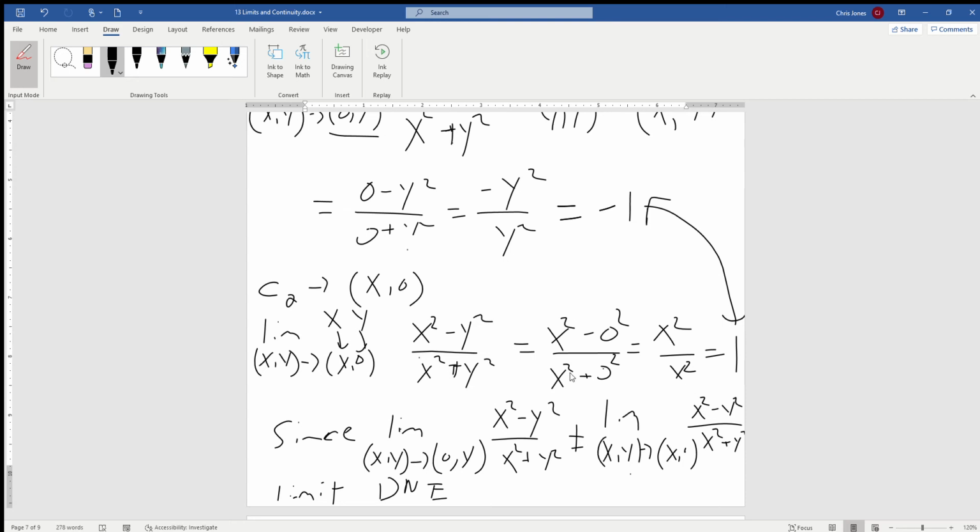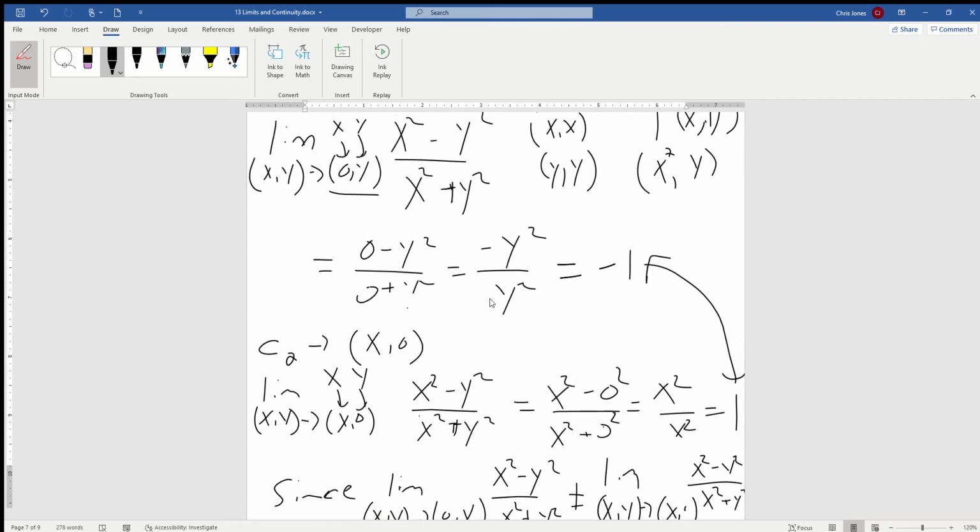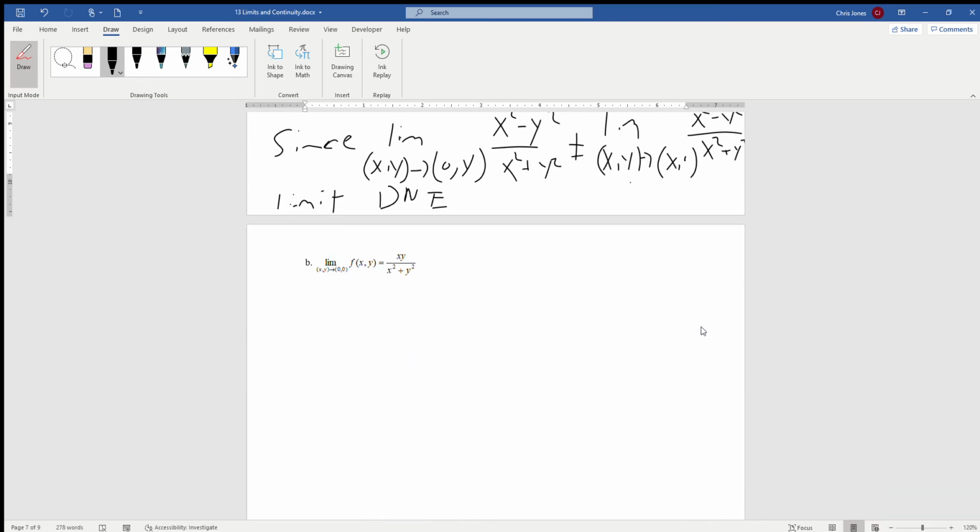Now that one was pretty easy because we could just guess some pretty easy paths. We could just use (0, y) and (x, 0), and that would be my recommendation to start. However, not all of them are that easy.